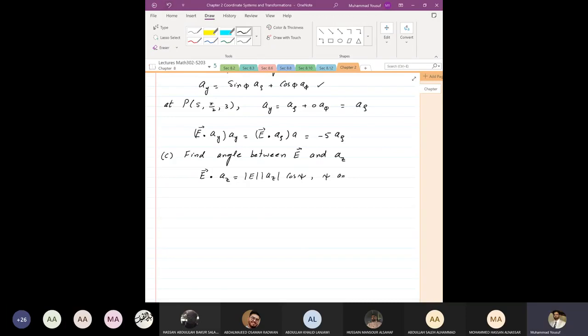Where psi is the angle between vector E and unit vector AZ. And cosine of psi is E dot AZ over the magnitudes.